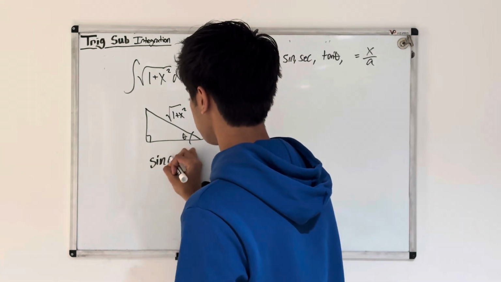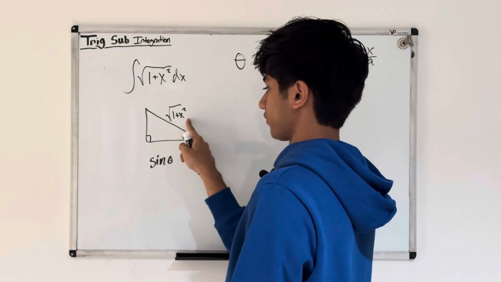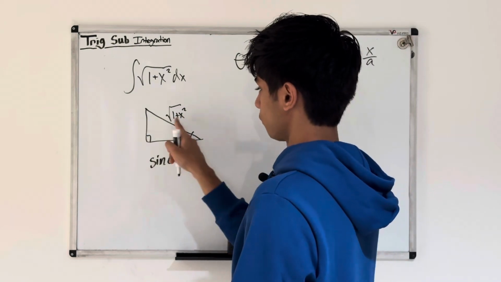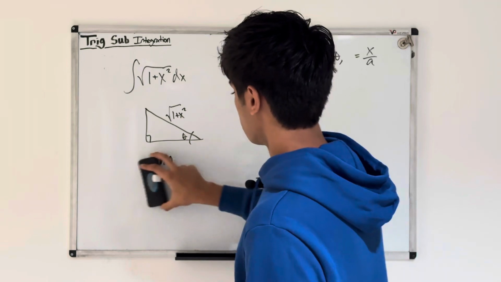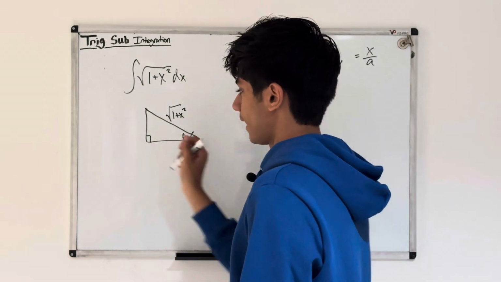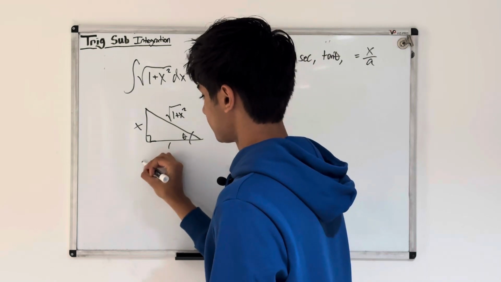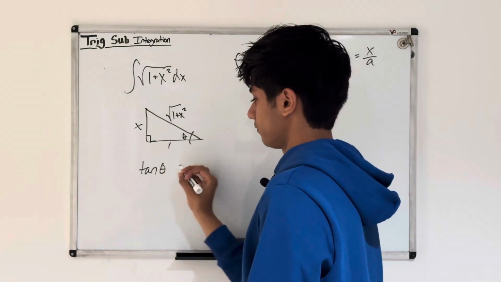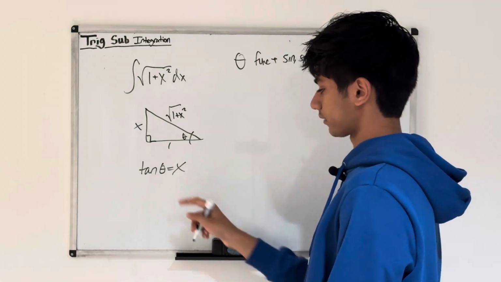If we did sine of theta and put x here, we get x over square root of 1 plus x squared, which isn't x over a. If we put x here, we would get 1 over square root of 1 plus x squared, which isn't x over a either. So what can we do? Well, what if we put x here and 1 here? We get the tangent of theta is equal to x over 1, right? Opposite over adjacent, which equals x. So that's the function we're looking for: tangent theta equals x.